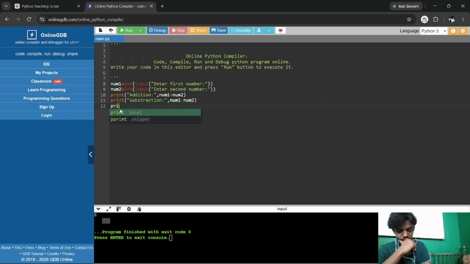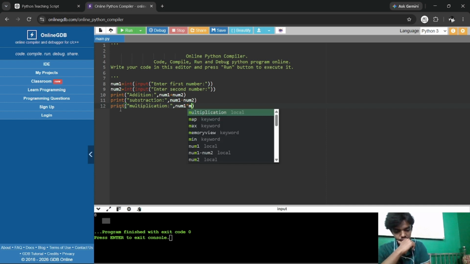Next we have print multiplication, num1 multiplied by num2.